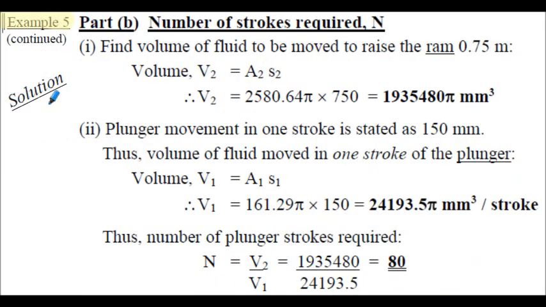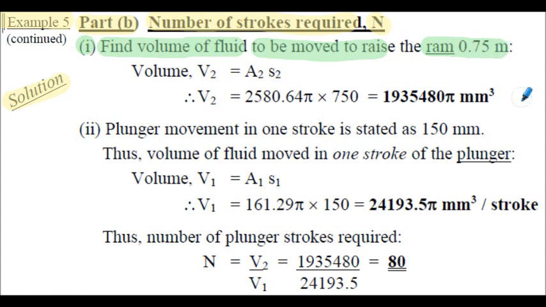Example 5, solution continued here. I'll call this part B. We've got to calculate the number of strokes required, I've labelled that capital N here, to raise the load. So let's think this through. Step number 1 here. Firstly, I'm going to find the volume of the fluid to be moved in raising the ram 0.75 meters.